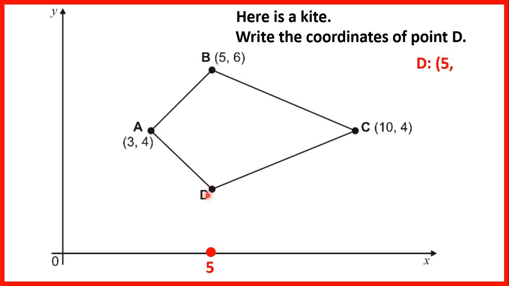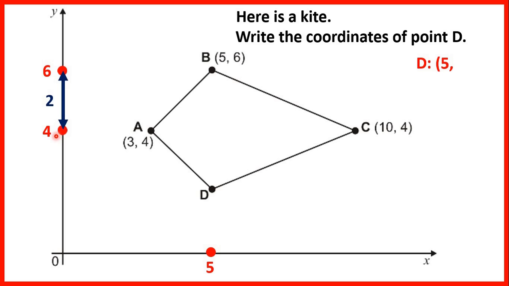But now we need to find the y coordinate. The y coordinate of C is 4 and of A is 4, so this is a straight line. So we can write 4 on our graph here. And we also know that the y coordinate of B is 6, so we can plot 6 as well.